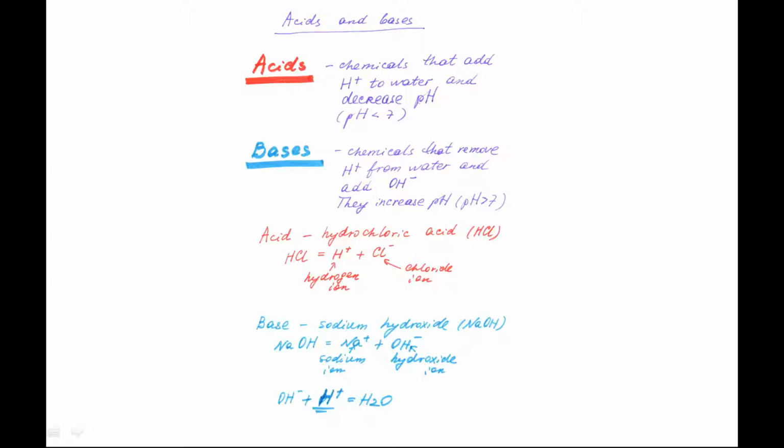Because both hydrochloric acid and sodium hydroxide, if they're very concentrated, are very reactive. They're very strong acids in case of hydrochloric acid, or bases in case of sodium hydroxide.